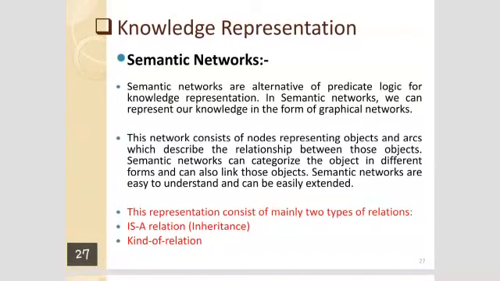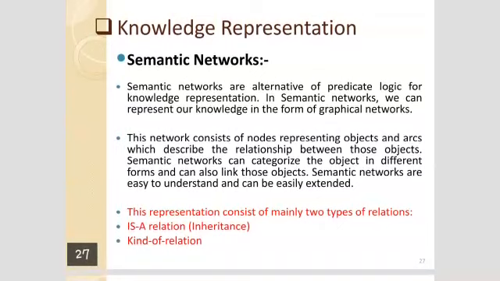So what is this semantic network? It is a graphical representation technique, with the help of which we describe knowledge at a higher level than proposition and predicate logic. This network consists of nodes representing objects and arcs which describe the relationship between those objects.